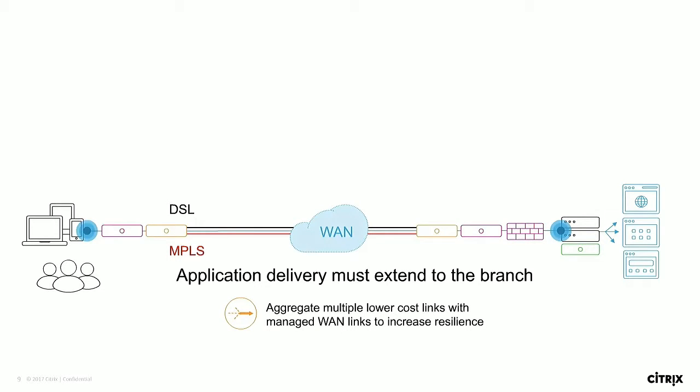So this is where WAN optimization techniques to deal with congestion and latency came into play, as well as the introduction of WAN virtualization technologies, SD-WAN, to provide the capability of aggregating the WAN links and give that same reliability and resiliency that is needed for application delivery.